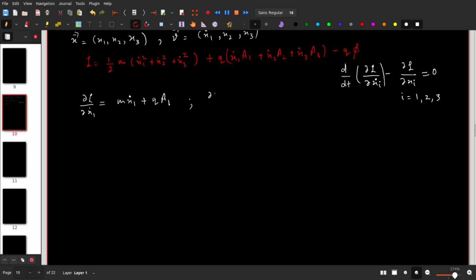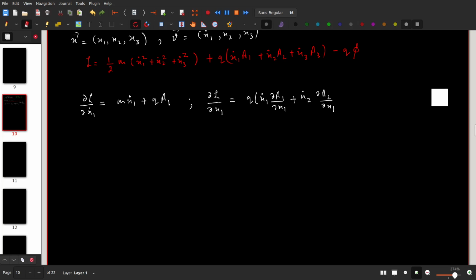And if we calculate ∂L by ∂x1, then we will get q (x1 dot ∂A1 by ∂x1 plus x2 dot ∂A2 by ∂x1 plus x3 dot ∂A3 by ∂x1) and minus q ∂phi by ∂x1.